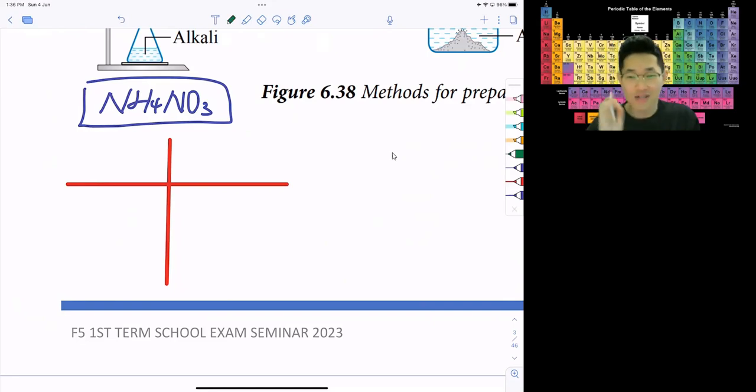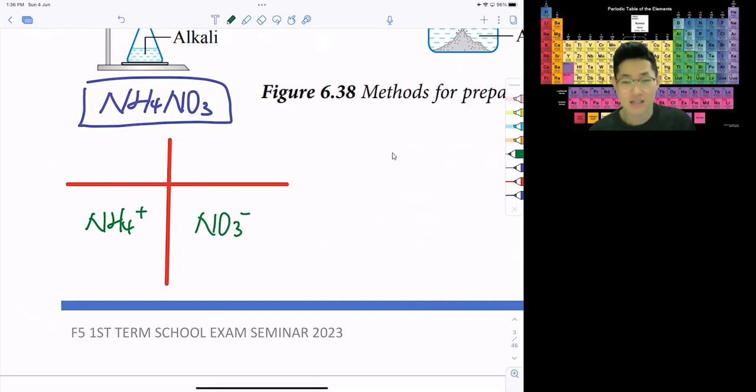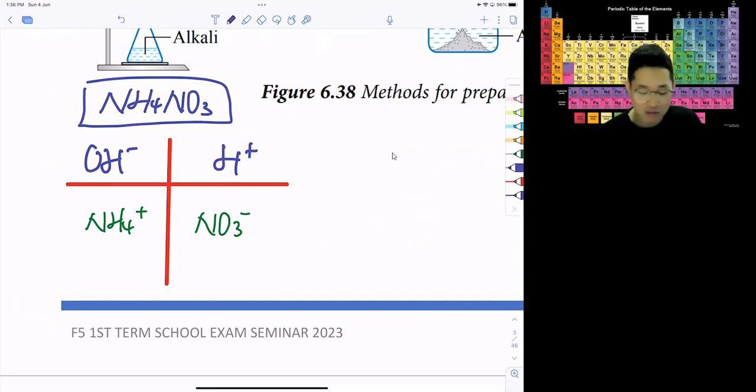So you see, this is how serious this is. When you do not know how to split it into ions, you won't be able to get the reactants. So good luck. Please pick up the chemical formula as soon as possible. Otherwise, you won't be able to make improvement.